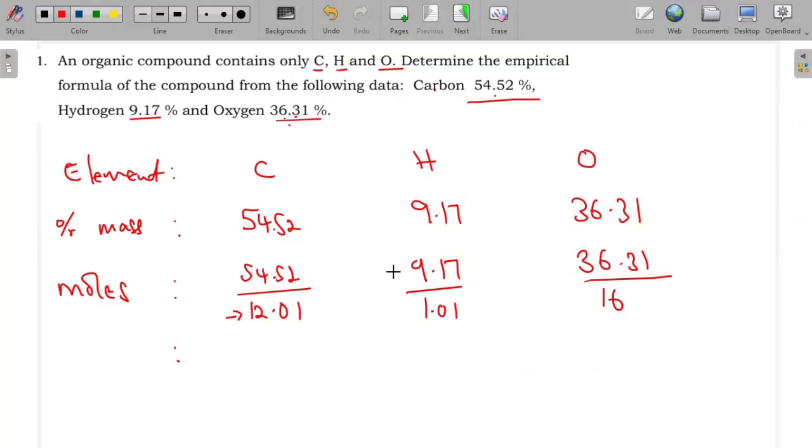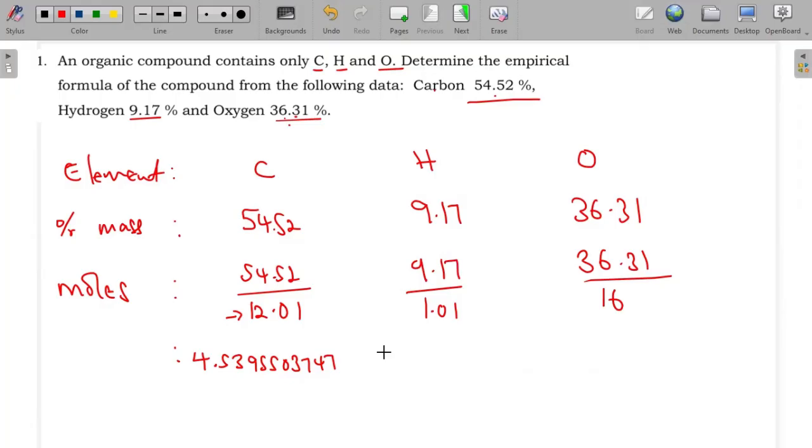I'll say 54.52 divided by 12.01. I get 4.5395503747. Make sure you confirm this with your own calculators. What about 9.17 divided by 1.01?